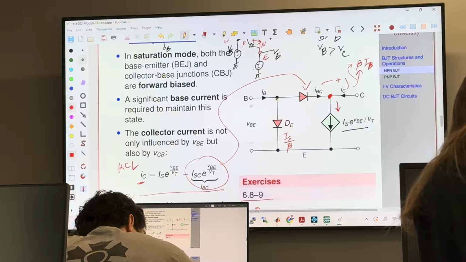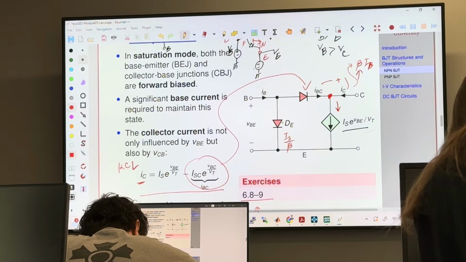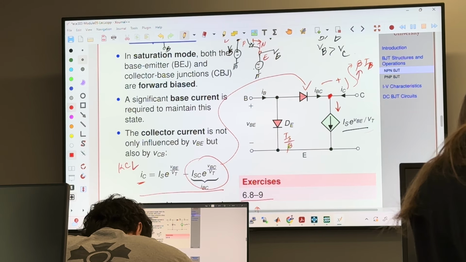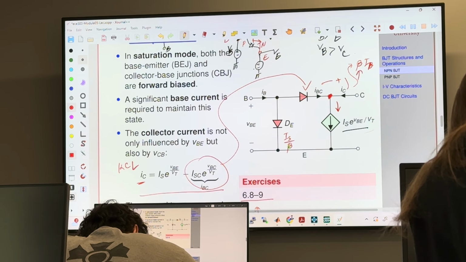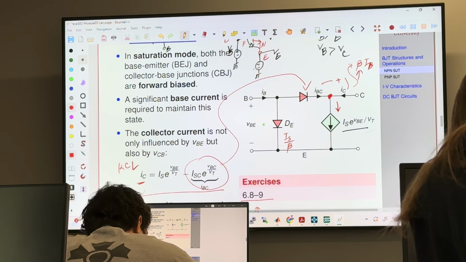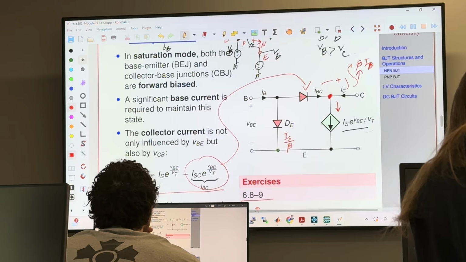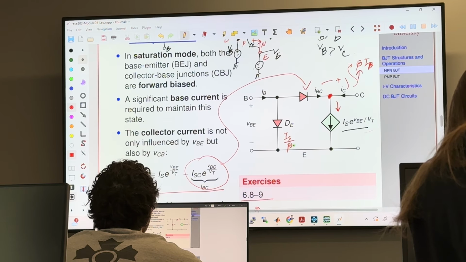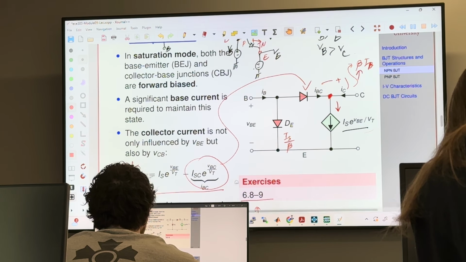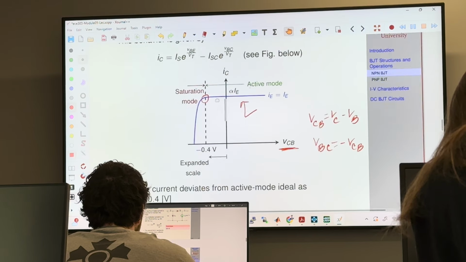So the scale current for the base emitter diode is going to be IS over beta. So 100 times less. So it will just scale down the scale current for the base emitter diode by beta. So that is the reason that you see.